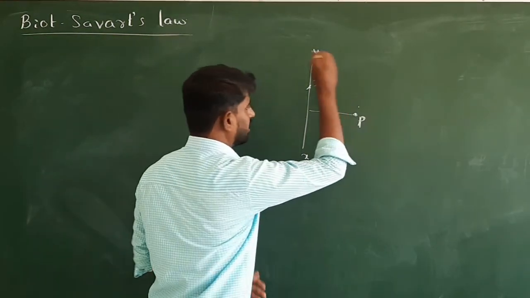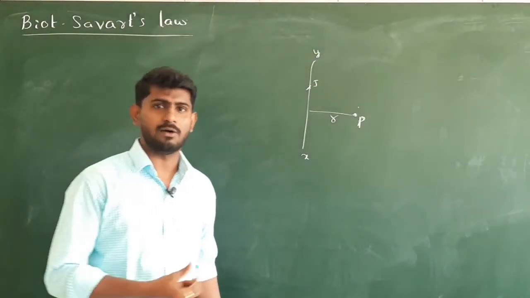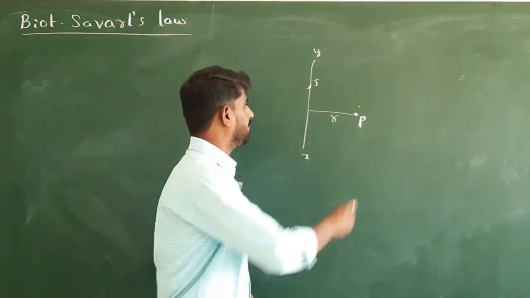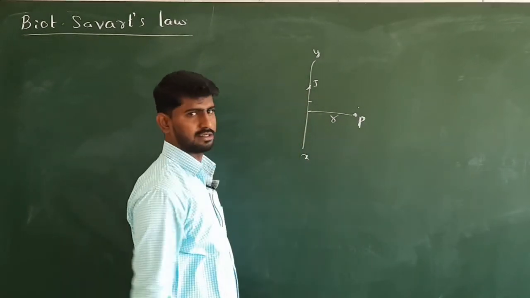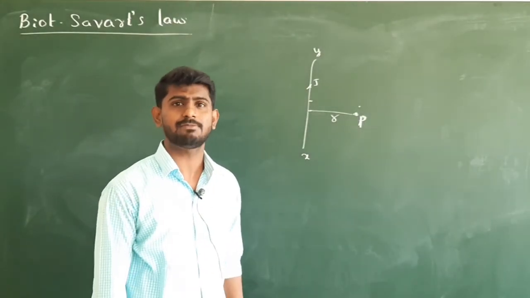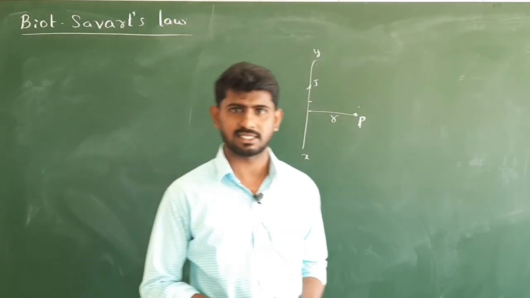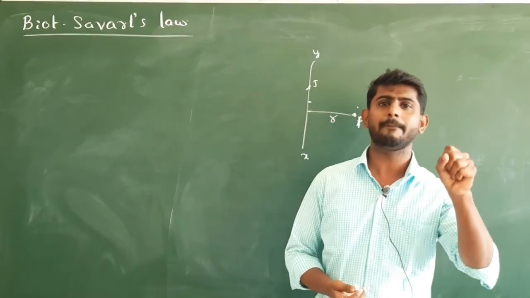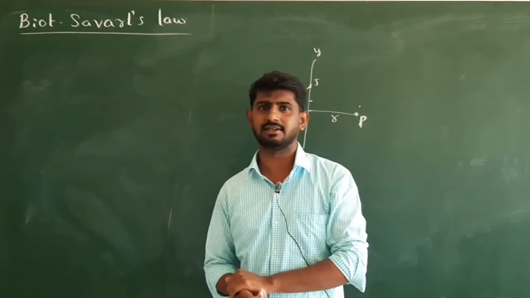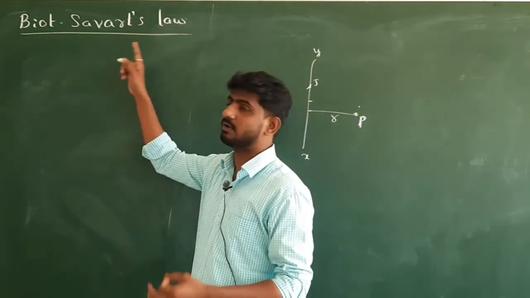To calculate that magnetic field, we need a formula. The magnetic field due to a current element was discovered by the scientists Biot and Savart, so the law is named Biot-Savart's law.